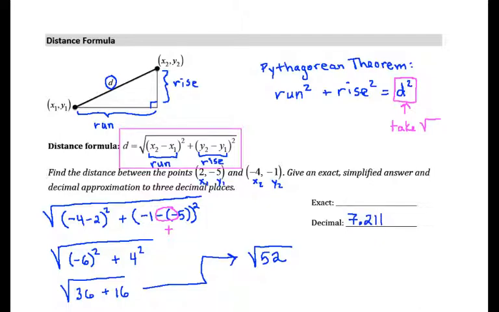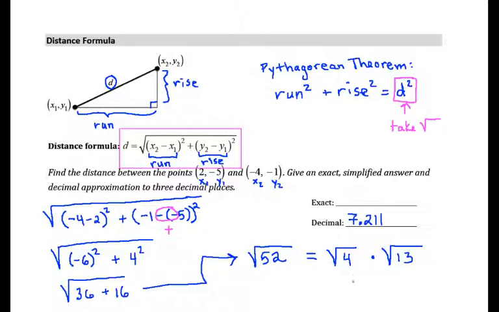But for the exact, we need to simplify the square root. To simplify this square root, I am going to factor out a perfect square factor. So 52 has a factor of 4 in it. Since 4 is the largest perfect square factor, that's how I'm going to break up the 52.